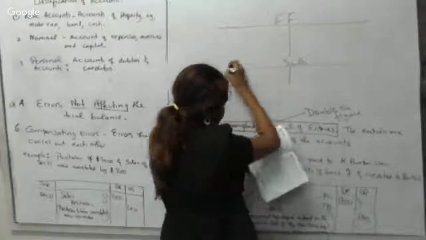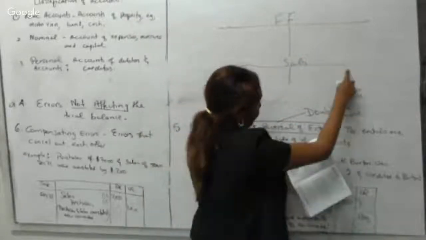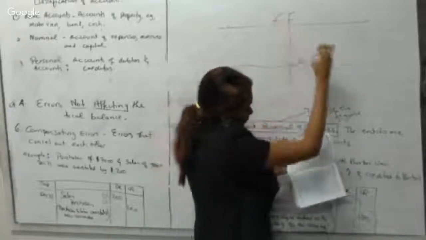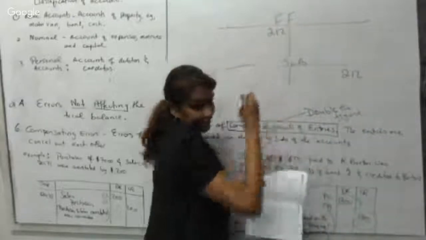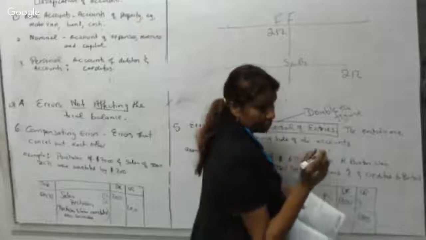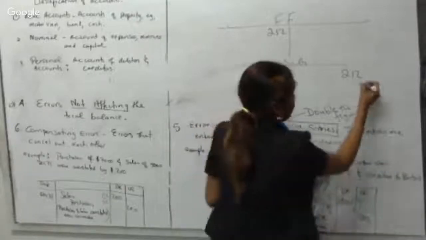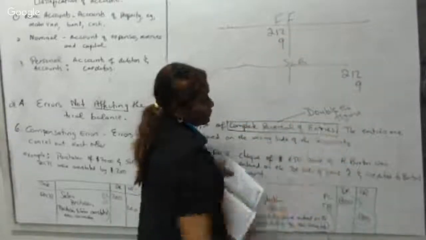We are selling goods for 221, which means that we are supposed to credit sales and debit Fitzwilliams, right? We should do so with 221, but we did so instead with 212. That's a $9 difference. So it's $9 short, and since it's short, we have to stay on the same side that we are originally on. So we're going to credit sales with 9 and debit Fitzwilliams with 9.